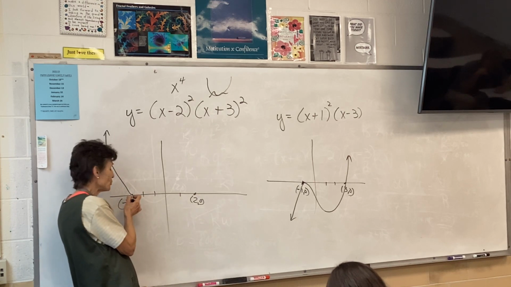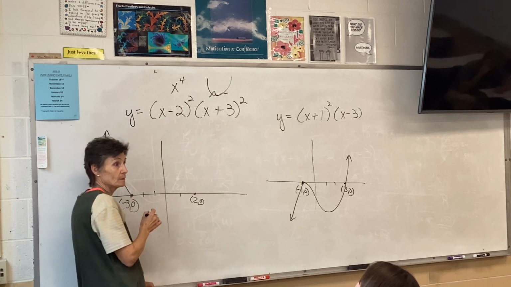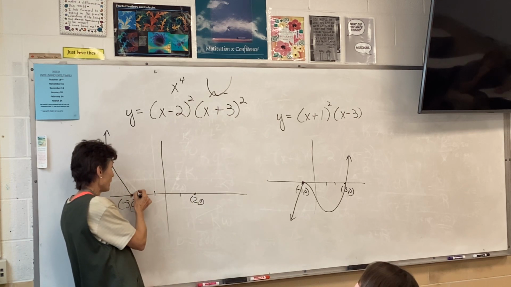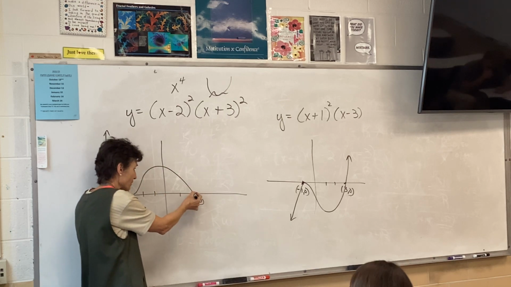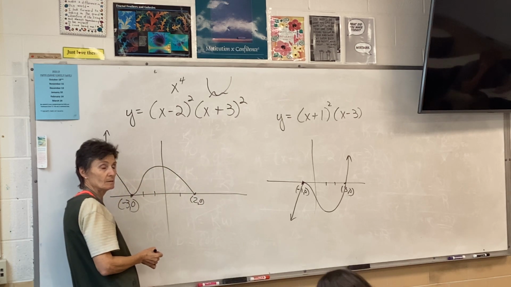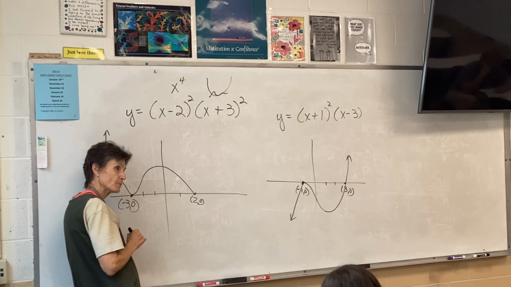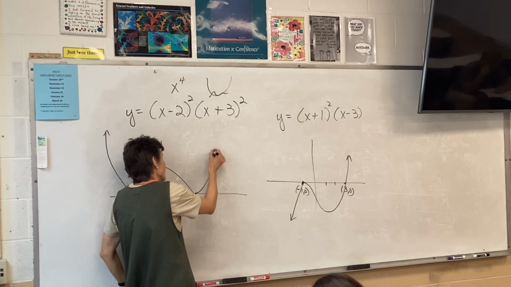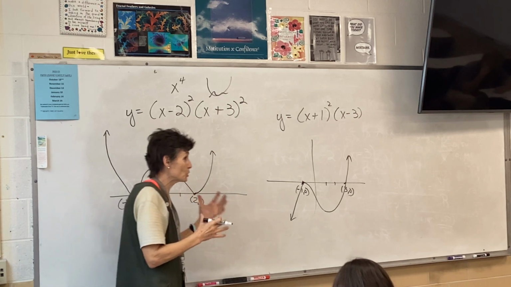Now, what does it do when it hits that point? It's gotta bounce back up. And eventually it has to come down and hit this one. And what does it do when it hits that one? It bounces back up. So we've got some kind of W shape.